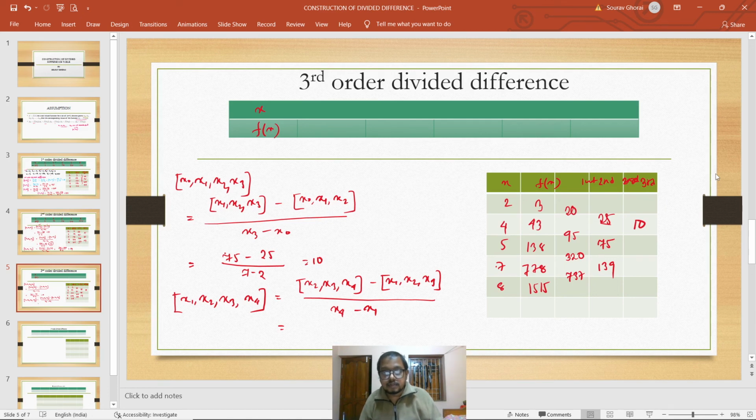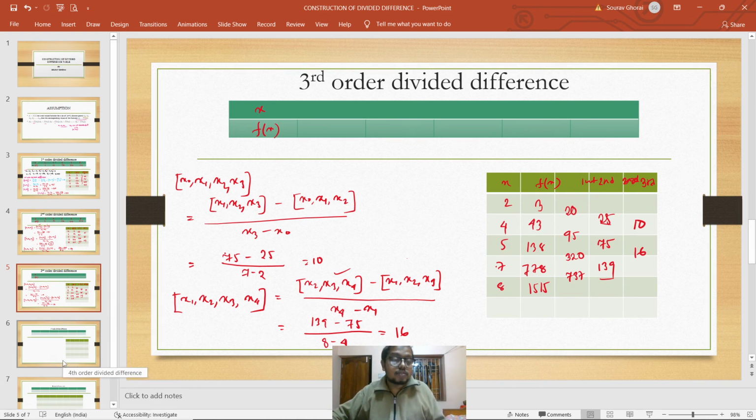That is 139 for [x2, x3, x4], and [x1, x2, x3] is minus 75, divided by x4 minus x1, which is 8 minus 4. If you calculate the value, you will get 60. So here you will get 60. So I hope you understand how we can construct the third order difference table.